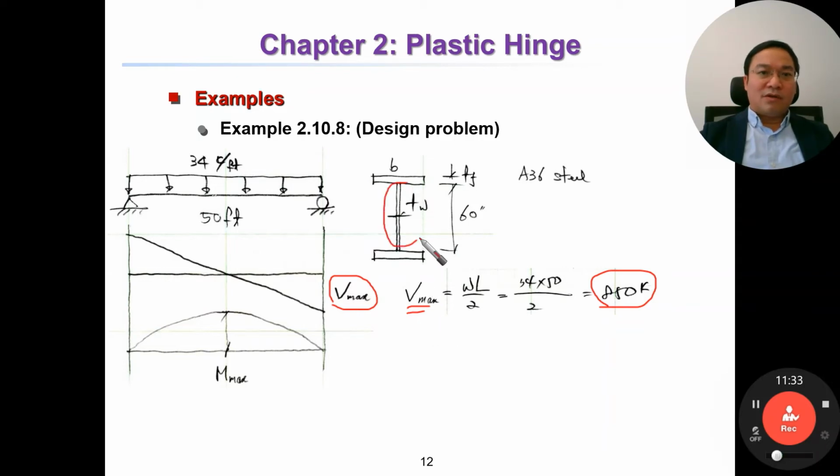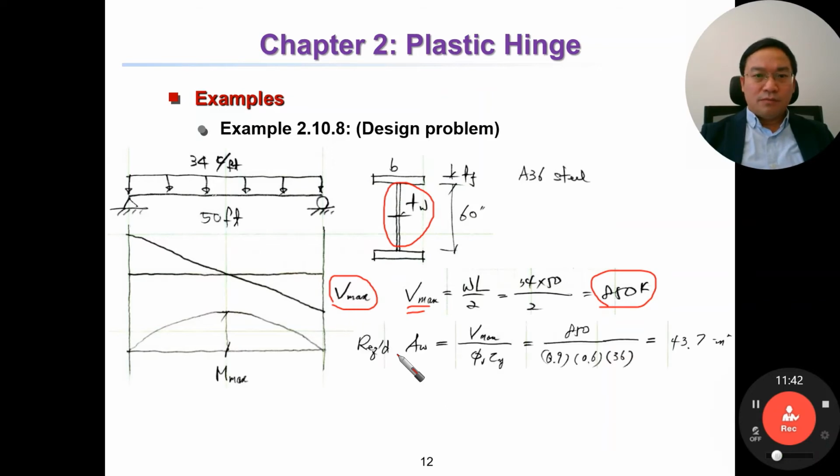The web. So for the shear force, only the web observes it. We have Aw mean, the requirement section of the web only, because in the I section it is assumed that only the web carries the shear force.